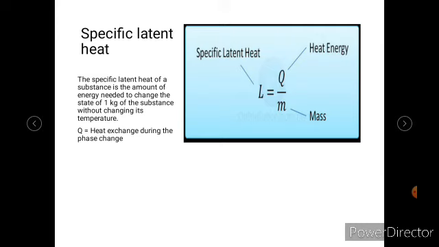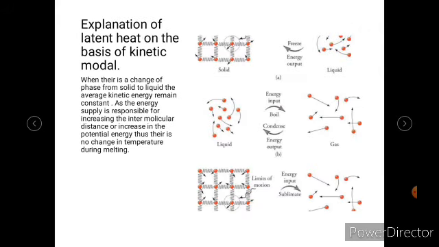That's why there is no change in the temperature. For example, you see here, this is a liquid and we want to change it into a solid. In this case the molecules are far apart from each other. As a result, when changing from this one to this one, the average kinetic energy remains the same.